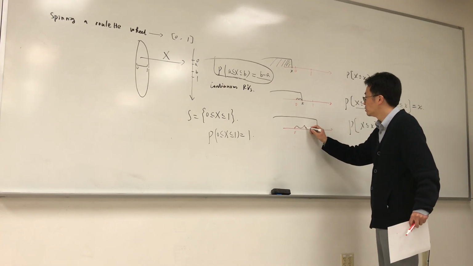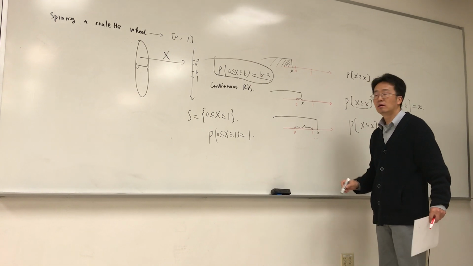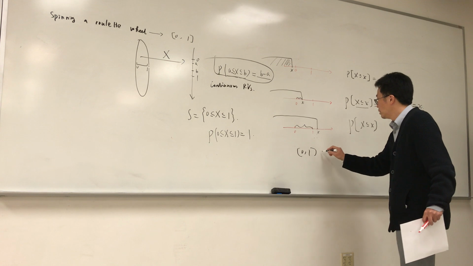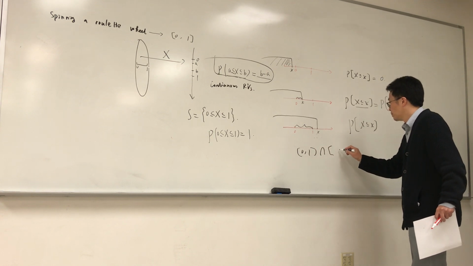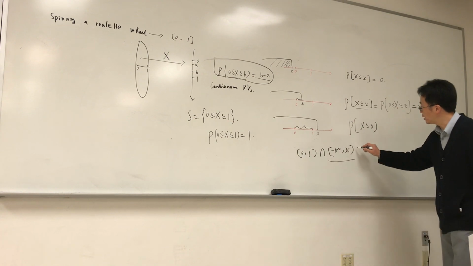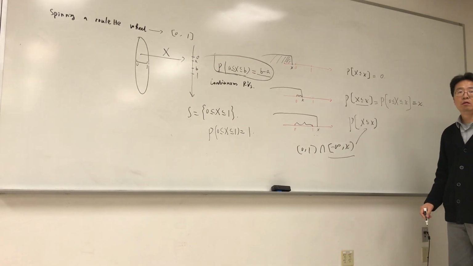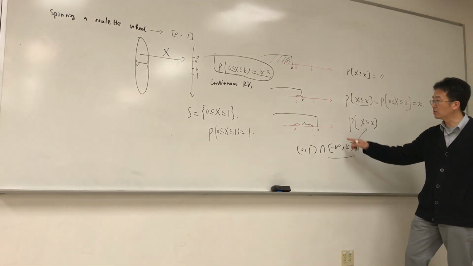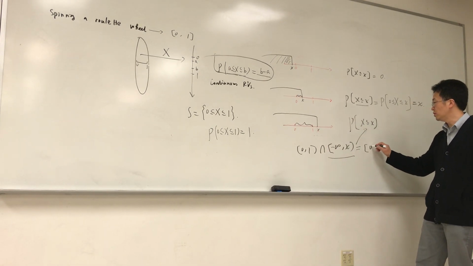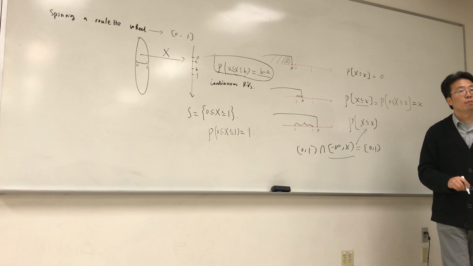This should be x minus 1, 0 to 1, right? Because here it's about the intersection between 0 to 1 and minus infinity to x. So this corresponds to this inequality here. And here, because x is on the right side of 1, obviously this intersection equals 0 to 1, right? Does that make sense?